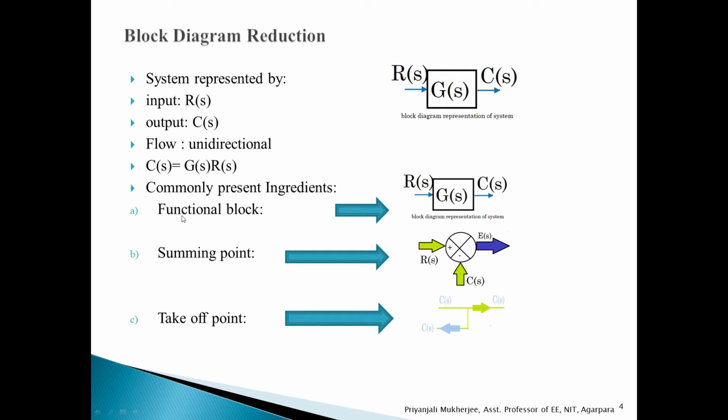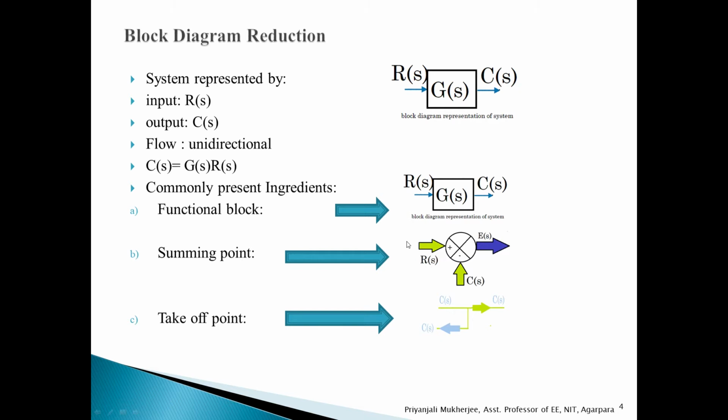So these are the present ingredients of the block diagram. That is the functional block. Here G(s) is acting as the functional block. Next is the summing point. A summing point is a point in a system where two or more signals are algebraically added, or the difference of the signals can be taken.